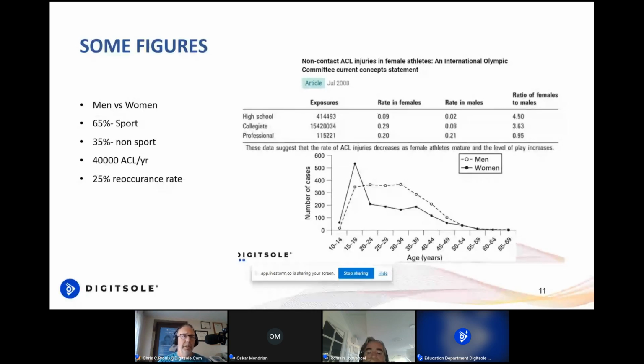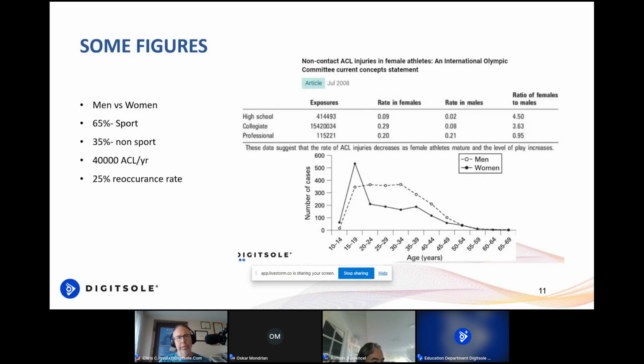We also see this in the non-sport orientation. So people that aren't necessarily involved in sport, but it could be due to other types of physical activity. It could be work related. And again, we do see that orientation, that structural influence, especially early on.